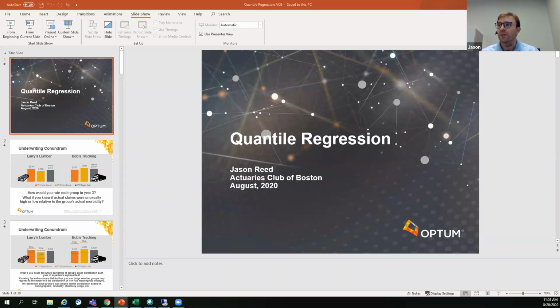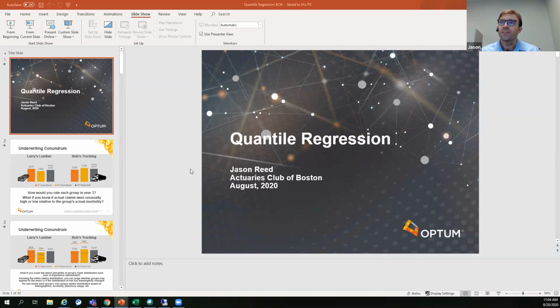The idea is that we can expand our sense of what's possible in future claims prediction and future risk prediction by understanding not just the expected value of a distribution in terms of the different covariates that you use to predict relative claims risk or health risk, but also all the percentiles and in fact the entire distribution as a function of those things. And that has a lot of applications and is really going to expand our horizons.